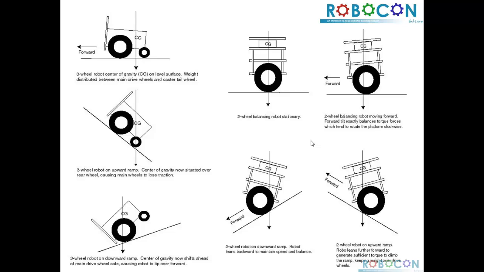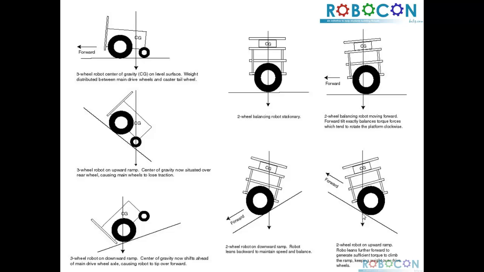So the robot leans forward such that it maintains the speed and balance. Similarly, if it has to move down a ramp, it has to move backwards to maintain speed and balance, such that sufficient torque could be generated to climb up or climb down the ramp, keeping the weight over the wheels.